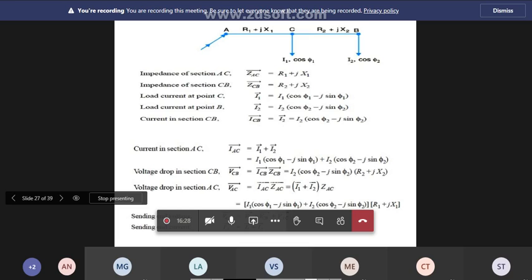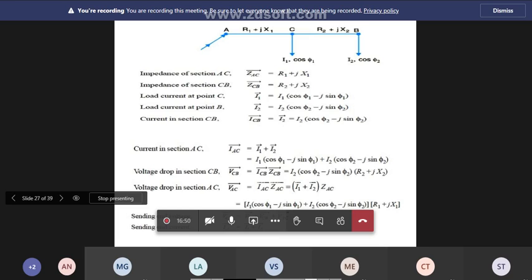Then per particular section we have to calculate the current. After that, per particular section we have to calculate the voltage drop. First Z, next I, next V. So V is equal to IZ, the voltage drop.